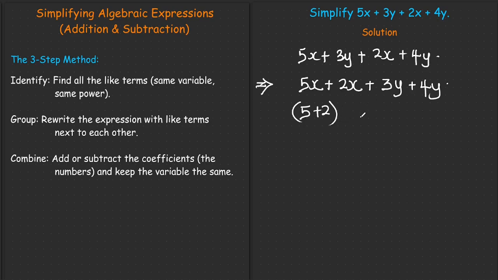You see? So just adding the 5 to the 2, we say 5 plus 2 gives us what? A 7. So 7, and you don't forget the variable. So 7x. Then we come to positive 3 plus 4. That is 3 plus 4, which also gives us what? A 7y.